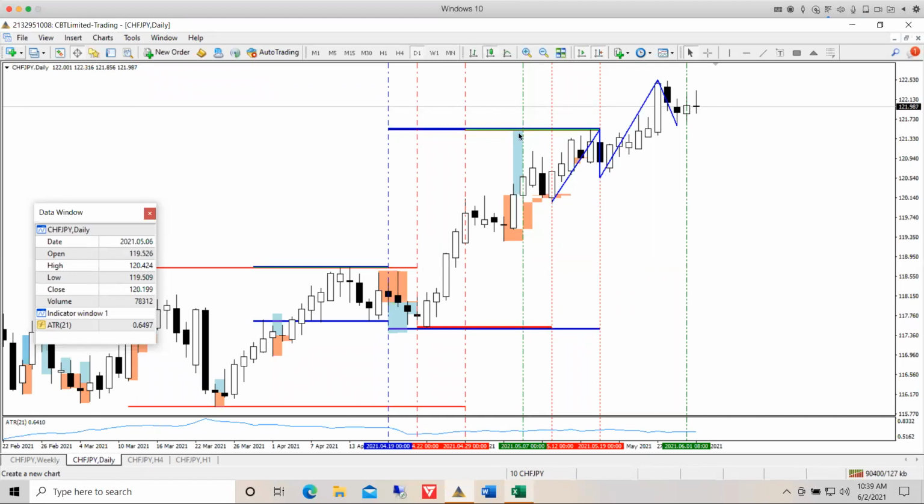So if we were to pretend that this channel over here was actually valid at the time, which of course it wasn't, you would notice that our C close in this pullback was above X. Absolutely. So at that time, this was also the top of the channel. But it might not be, as we saw just now. So for instance, the top of our channel is also the top of our potential X over here.